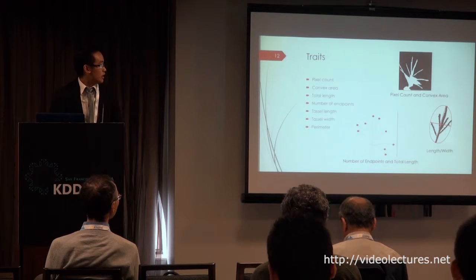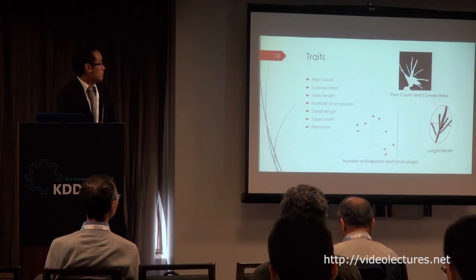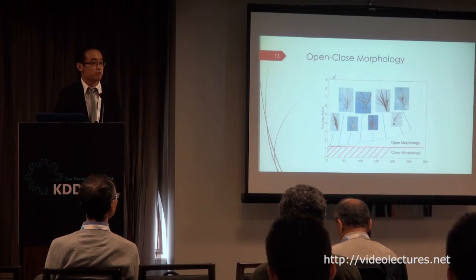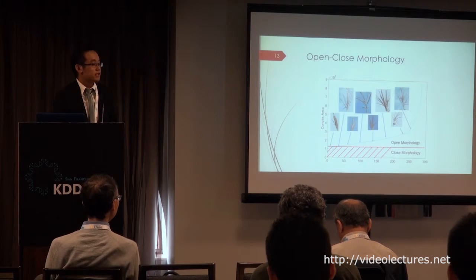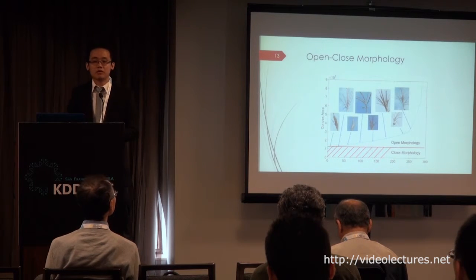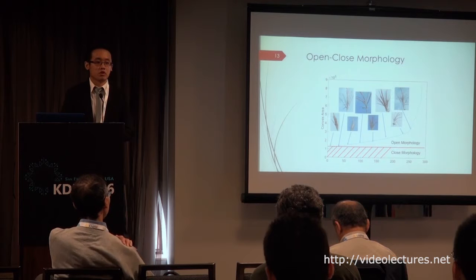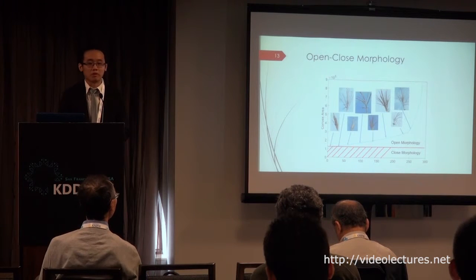So moving on, now that we're able to extract it, we can move on to the analysis part a little bit, which is right here. This is a very nice plot. So basically, right now most people are categorizing open or closed morphologies with a 2-number system, which is 0 or 1. 0 for closed, 1 for open, for example.